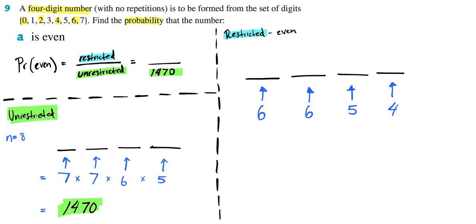Now, as I said before, this is incorrect. And the reason why it is incorrect is because these 4 options include 0, 2, 4, and 6. That's what those 4 options are. But if I were to put 0 in this position, how many options would I have for this position right here?